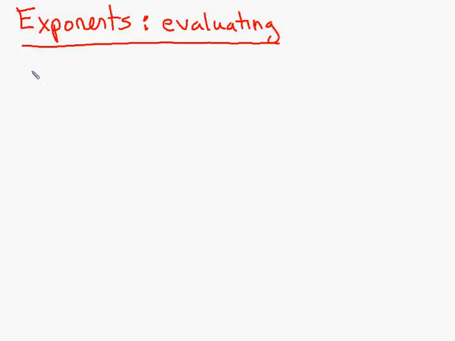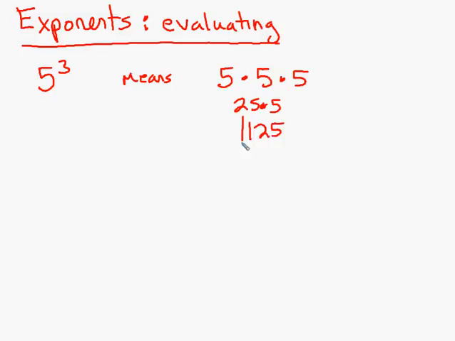So if I write 5 to the third, that means 5 times 5 times 5, and 5 times 5 is 25 times 5, and 25 times 5 is 125, so 125 is the answer.